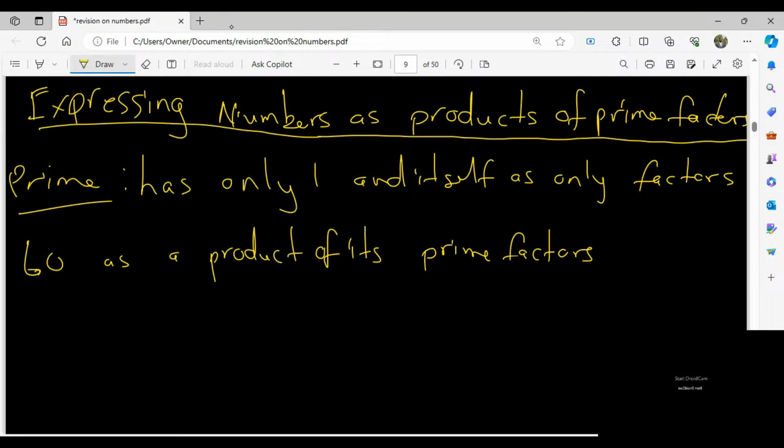What we can do is very simple. We write our 60 like this. Then we divide by the lowest prime factor until the number is no longer divisible. For example, here we can divide by 2. This is the lowest prime number which is a factor of 60. 2 into 60, we get 30. We divide again the 30 by 2. 30 divided by 2, we get 15.